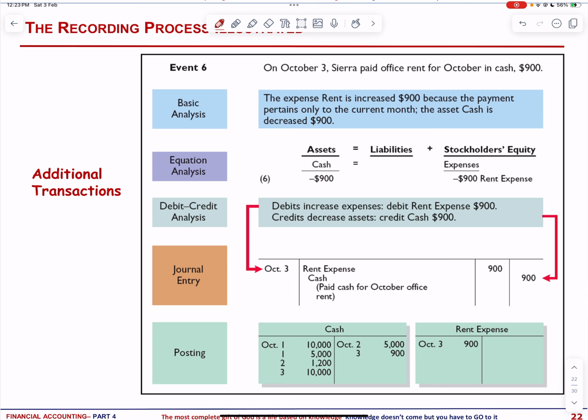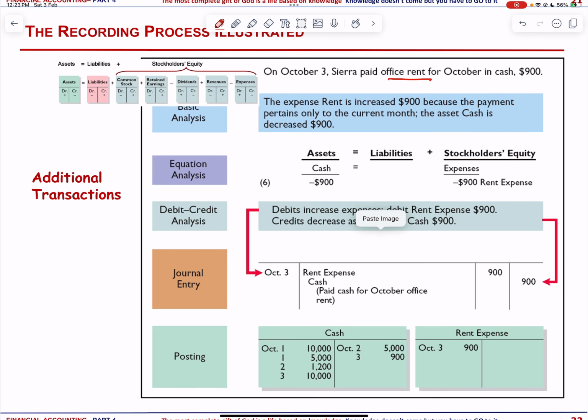Then on October 3, Sarah paid office rent, and the two accounts being affected are cash and expenses. Asset is decreasing, so that's why cash will be credit in this case, and expenses are going to decrease our stockholder equity, so they are going to be debited.